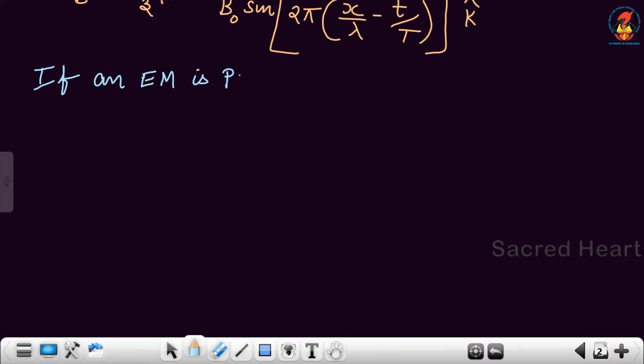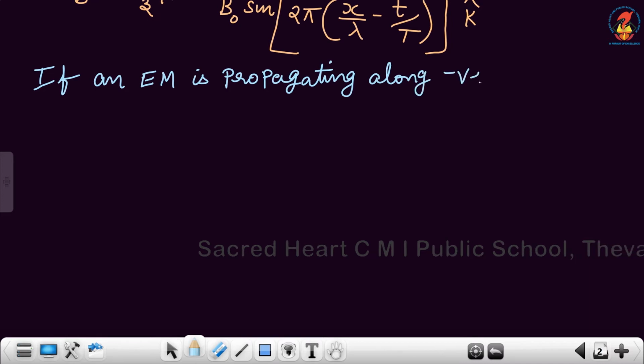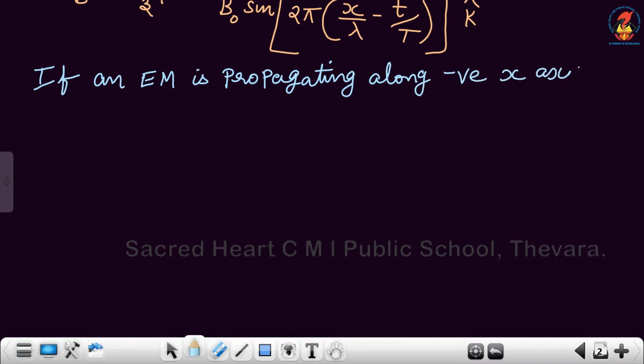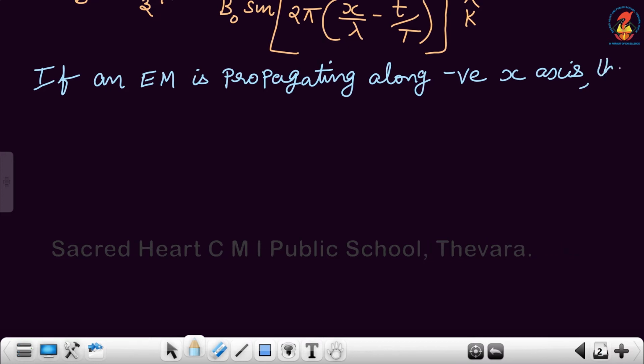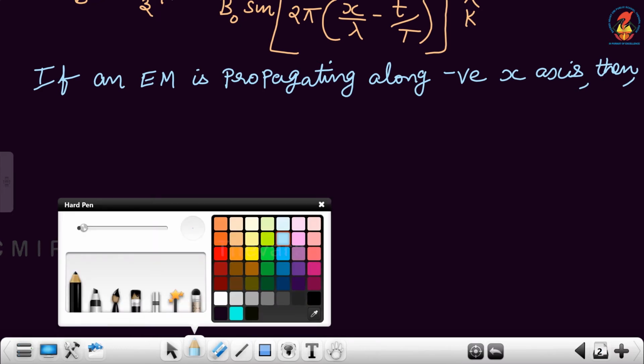If an EM wave is propagating along the negative x axis, then the electric field equation can be written like this.